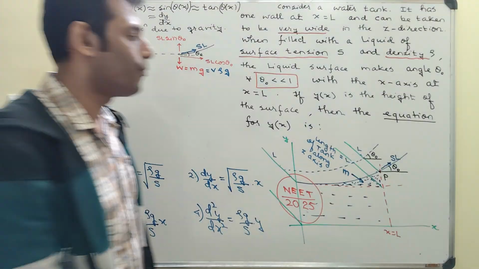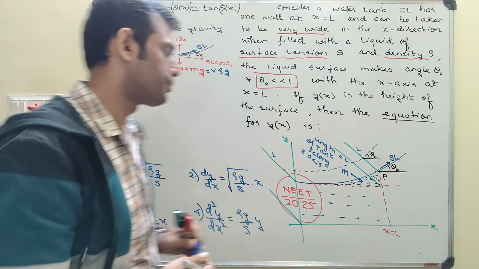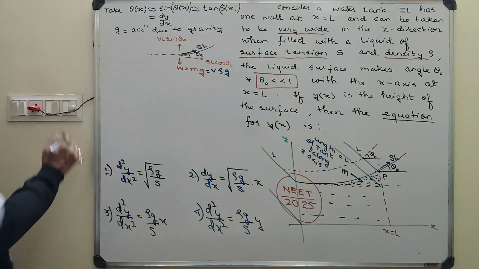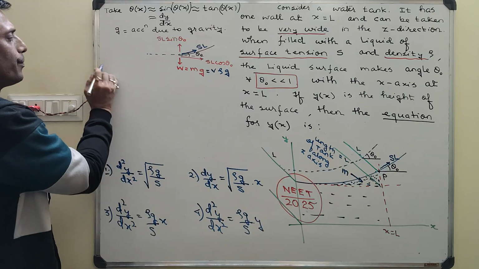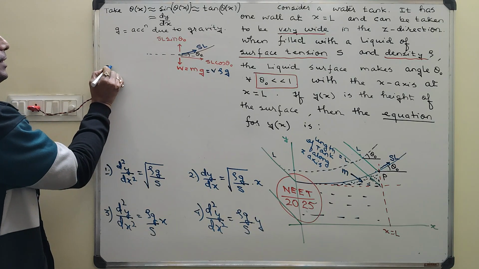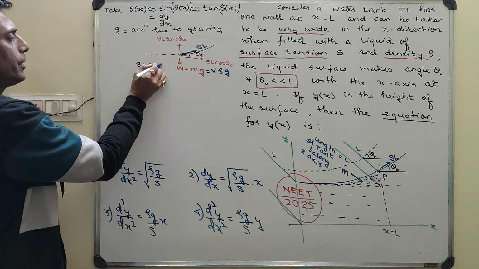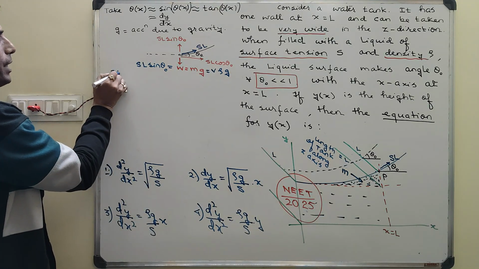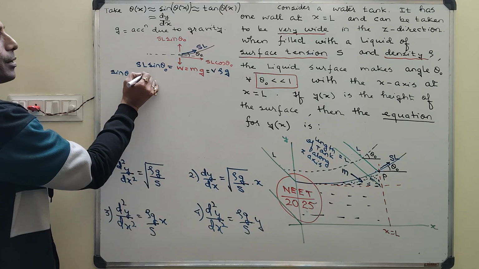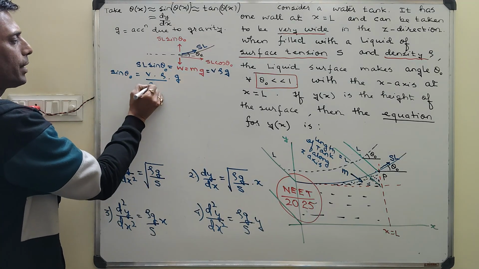Which volume? The volume of the water pulled up, the triangular portion. So therefore, if we have to make an equilibrium here, SL sin theta naught is equal to this weight. So sin theta naught is equal to V rho g by S into L.